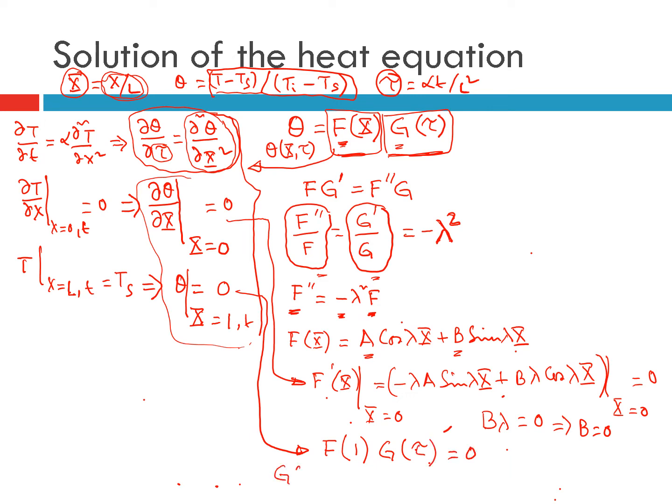So g of tau cannot be equal to 0, because if g of tau is 0, then we plug in here and we get a trivial solution, theta is 0. So this means f at 1 is equal to 0, which means a cosine lambda is equal to 0 by plugging in here. We put in X equal to 1. So then cosine lambda can be any value.